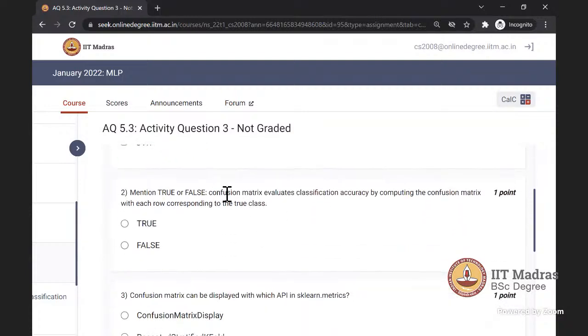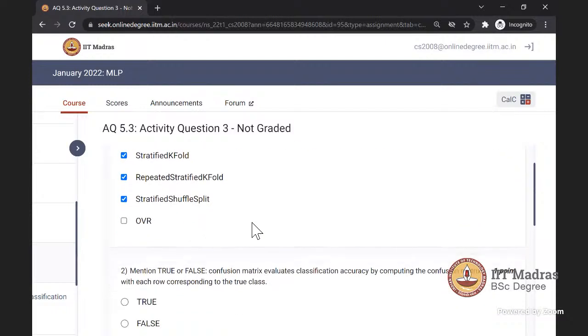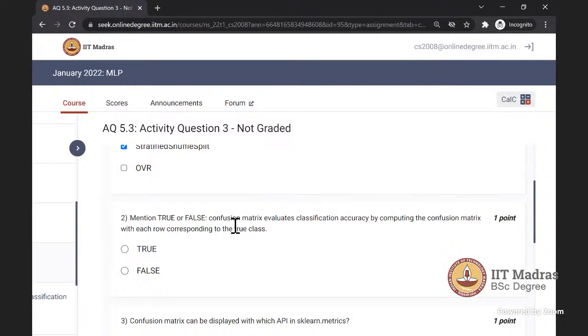Question number 2. Can you mention OVR? One versus rest. So it's not an API at all. Okay. Actually, I haven't seen lecture 3 onward, so I don't know. Okay. Question number 2, mention true or false. Confusion matrix evaluates classification accuracy by computing the confusion matrix with each row corresponding to the true class.